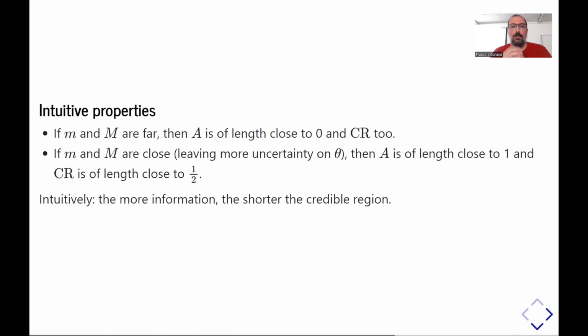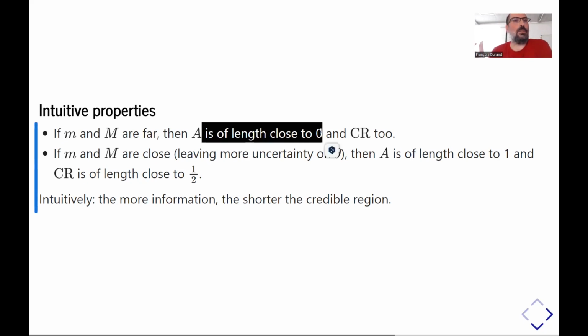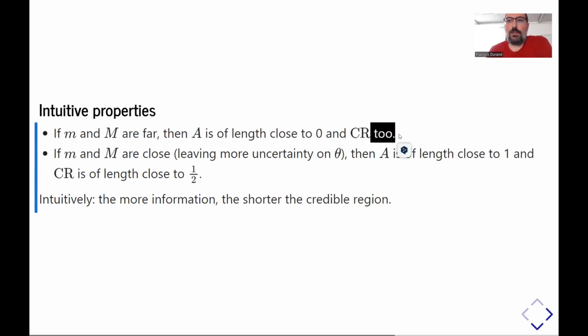Here it's a bit more intuitive, because when little m and big M are far apart, then when do we have good information on theta? Yes, very good, because if they are far apart, then we really pinpoint the value of theta. It's the average. Then big A is of length 0 because there are very few possibilities, and the credible region is also of length close to 0.